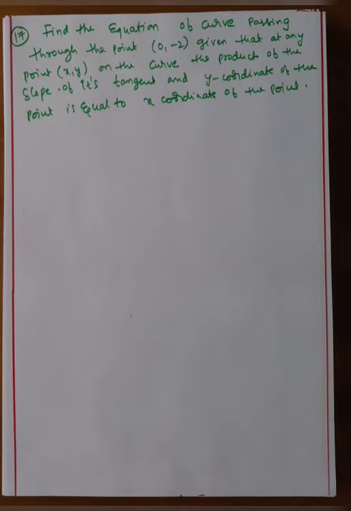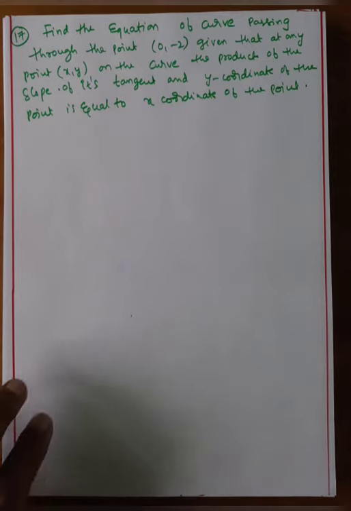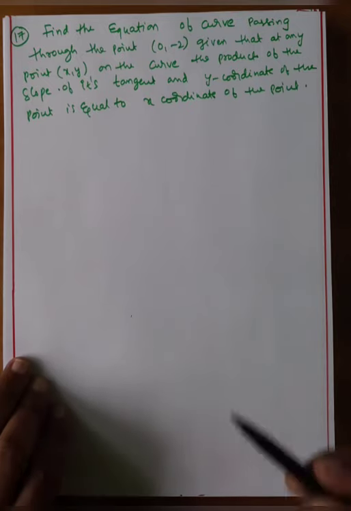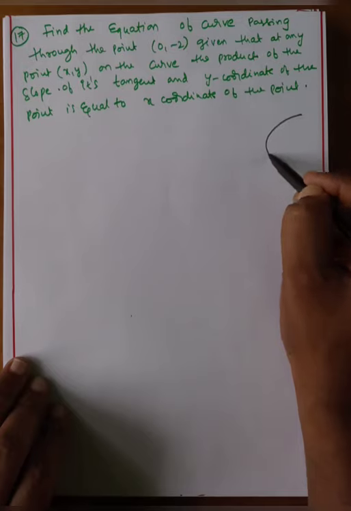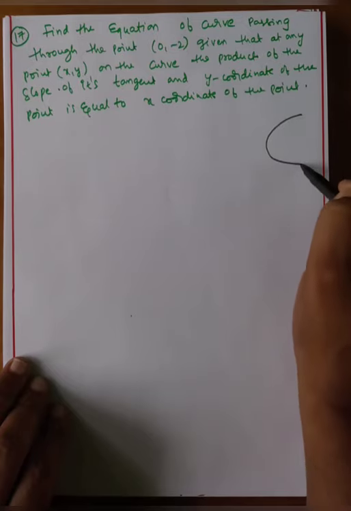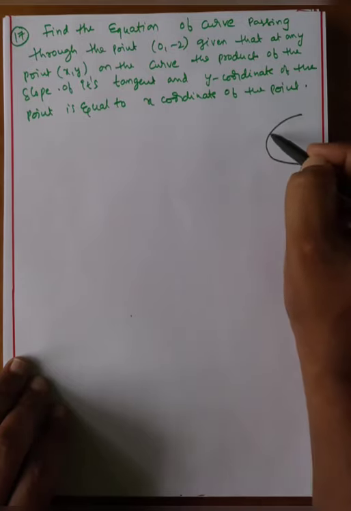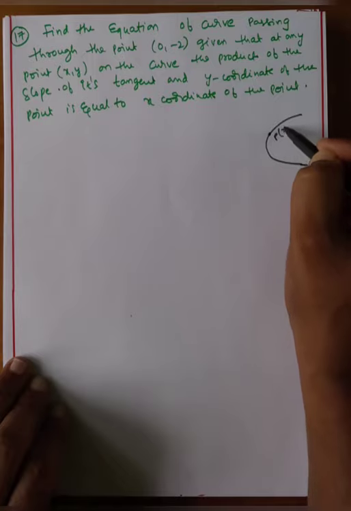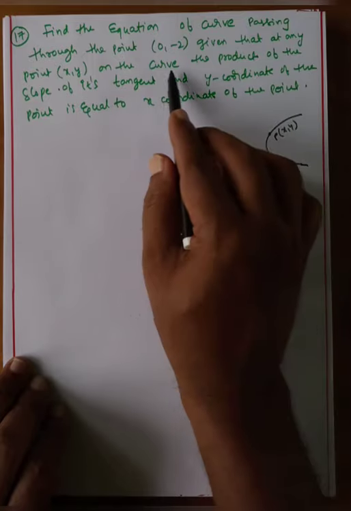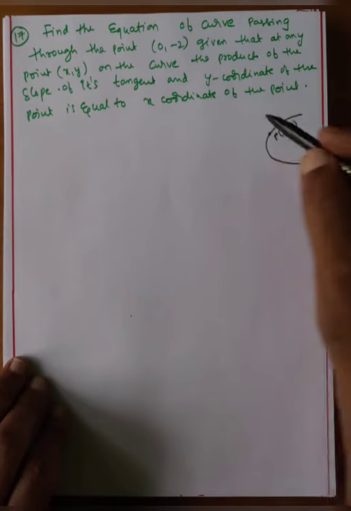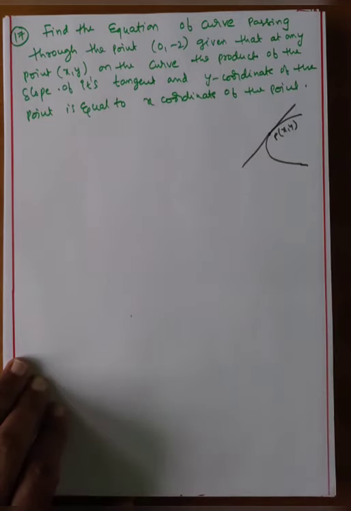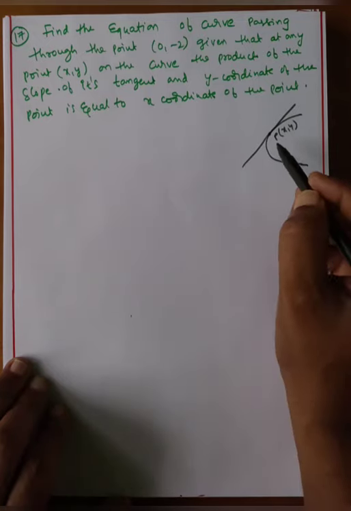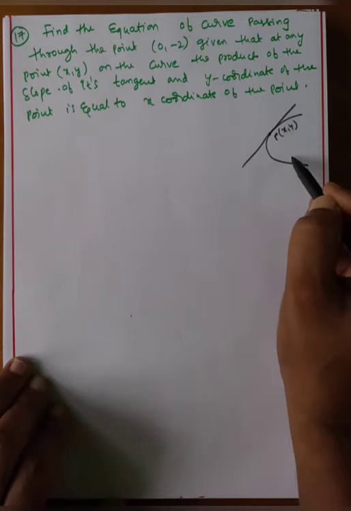Given that at any point (x, y) on the curve, suppose the curve is y = f(x), whatever it may be. At any point P(x, y) on the curve, the product of the slope of the tangent and the y coordinate is given. Let y = f(x) be a curve.